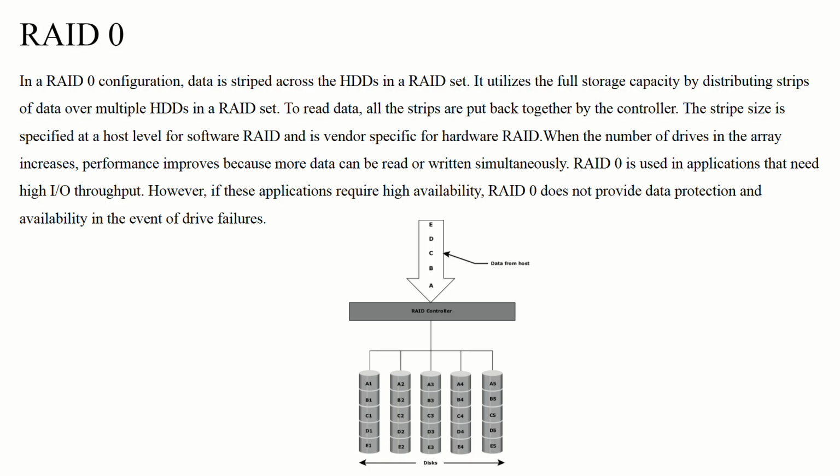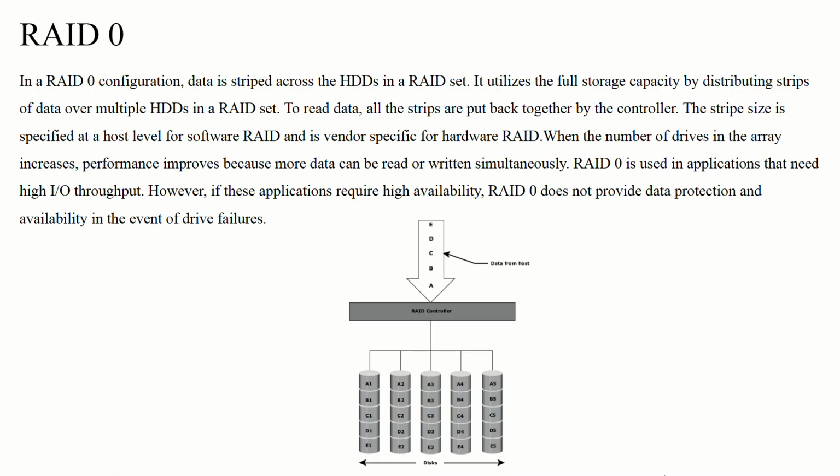Now let's go through RAID level 0. Simply put, it's a collection of drives. Here we divide the data into blocks, and we store this data in a fixed set across different drives.